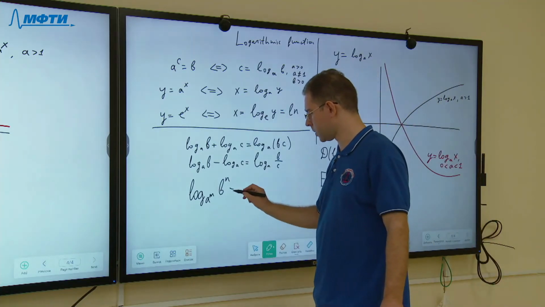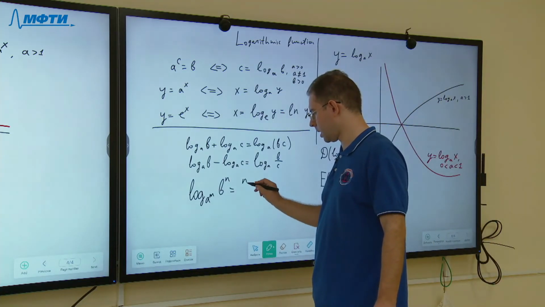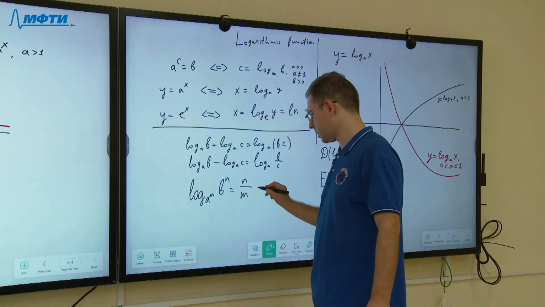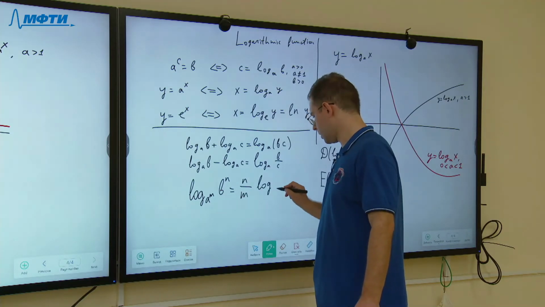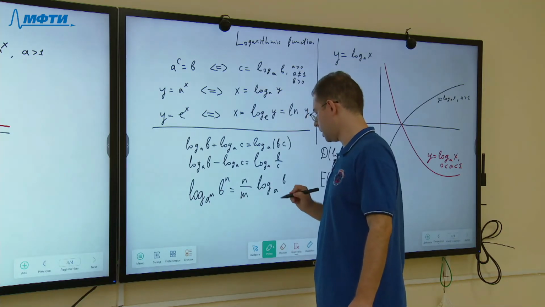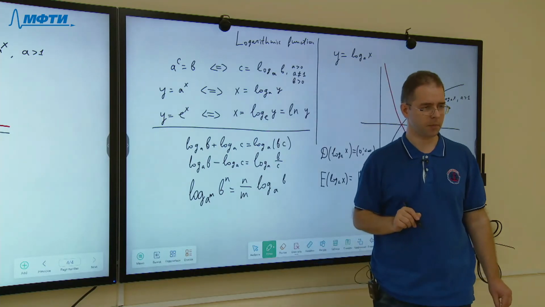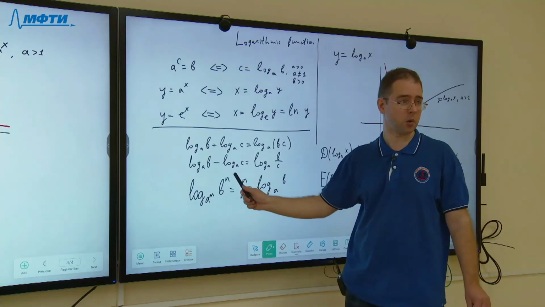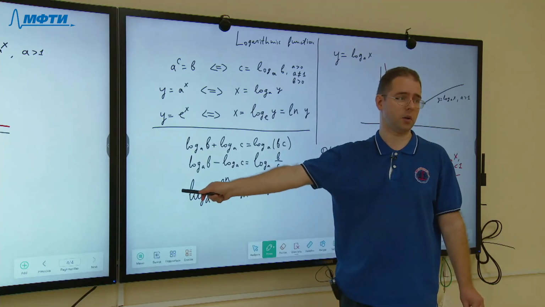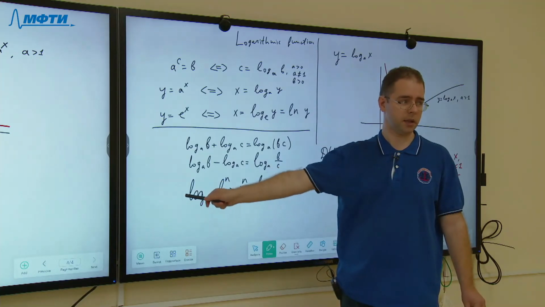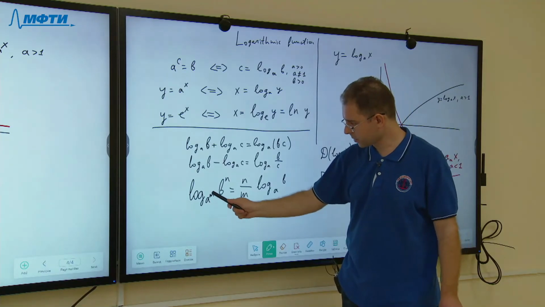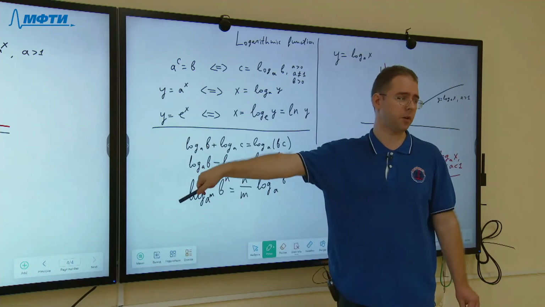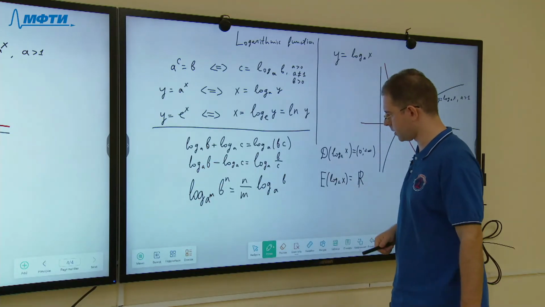And the answer would be n divided by m times log base a of b. So basically the power from the argument goes in front of the log as a factor, and the power from the base goes inverted in front of the log.